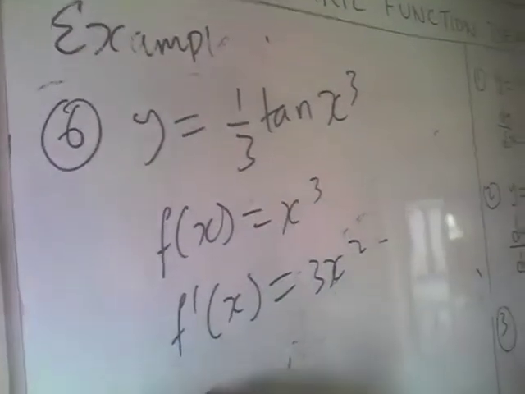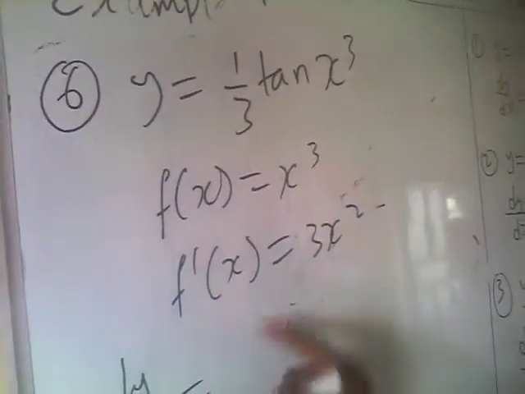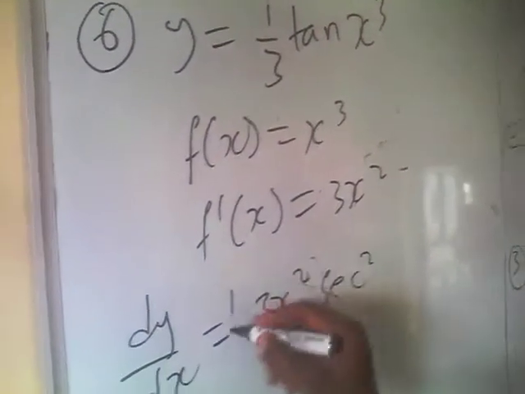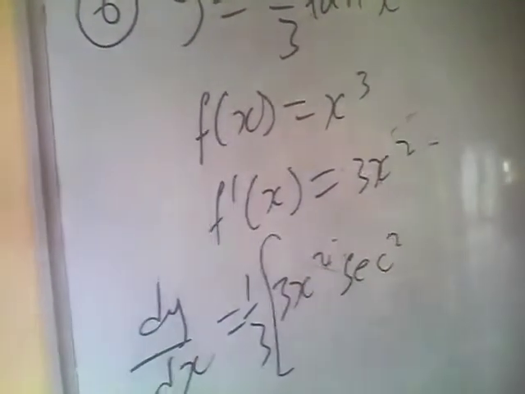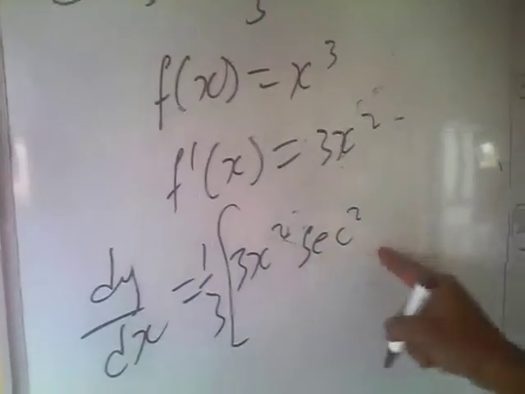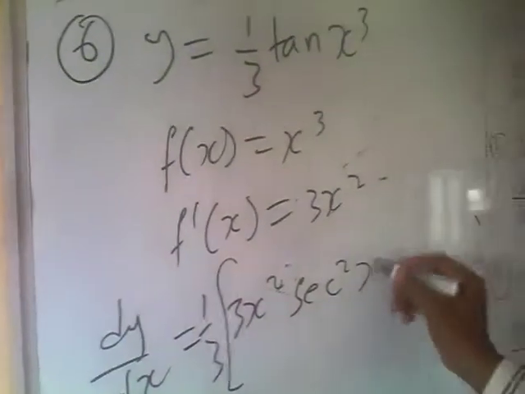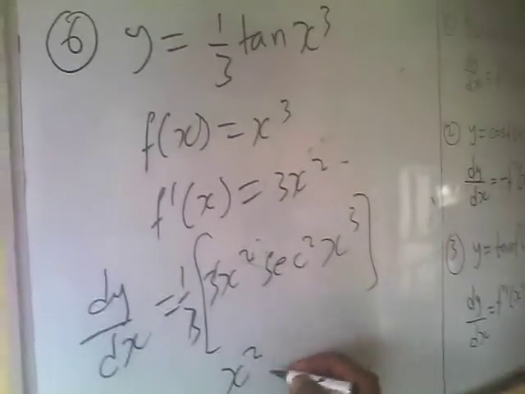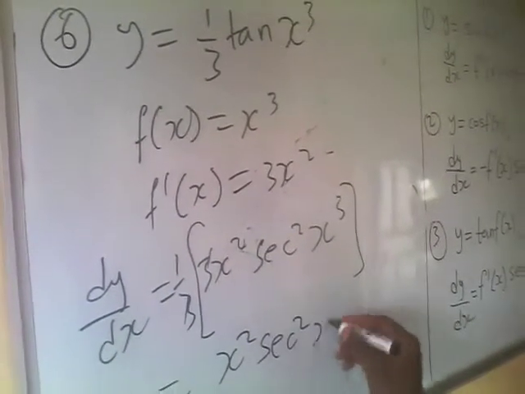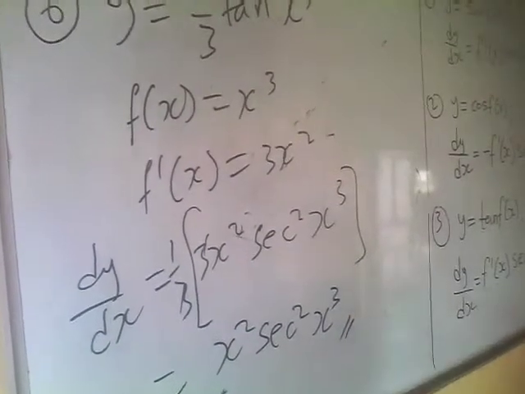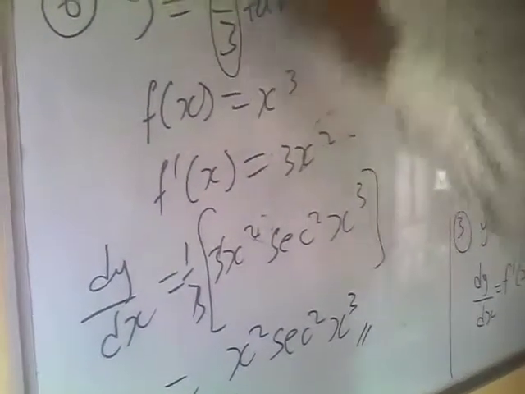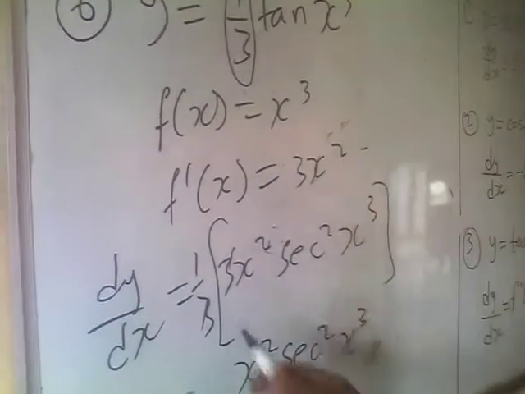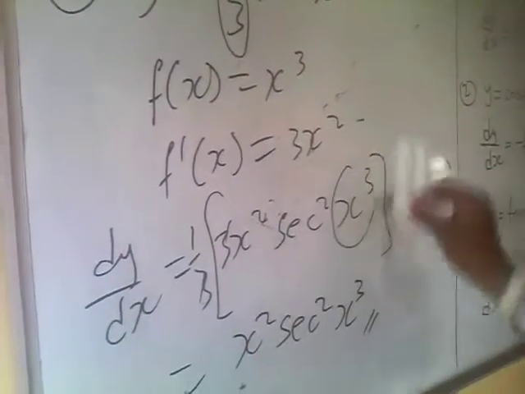So dy/dx will be 1/3 times f prime of x, which is 3x squared, times sec squared of f of x, which is x cubed. The 3 cancels 3, so we are left with x squared sec squared x cubed. Take good note that this constant only multiplies the derivative of the function, so we don't use this 1/3 to multiply the x cubed of the sec function.